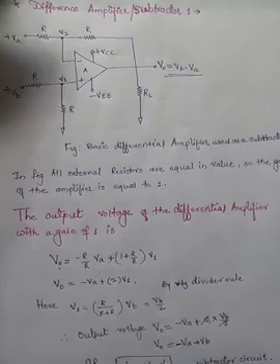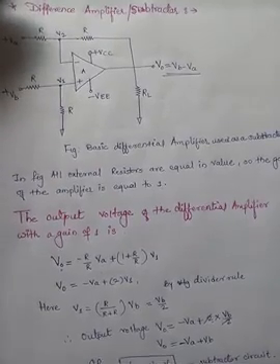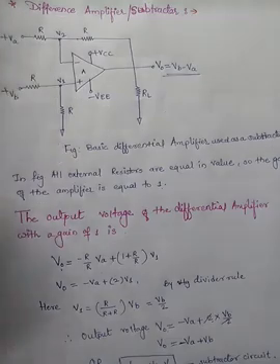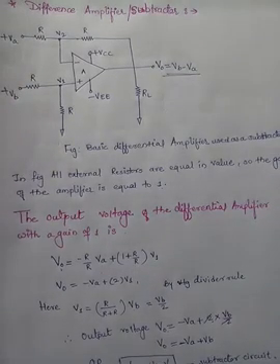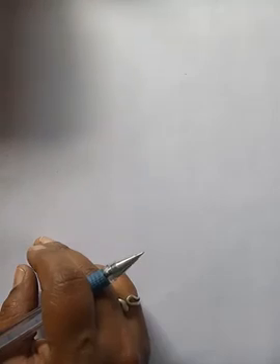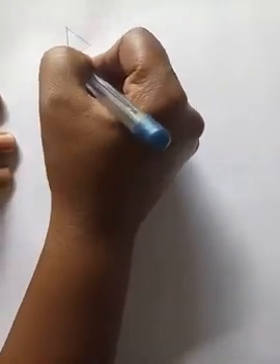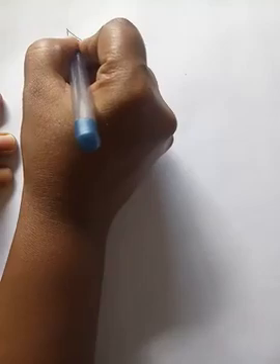Let's see the summing amplifier that can be designed with the help of a differential amplifier, where we apply more than two inputs at both of the input terminals, so that it can act as a summing amplifier circuit. First of all we have to draw the circuit for the summing amplifier.